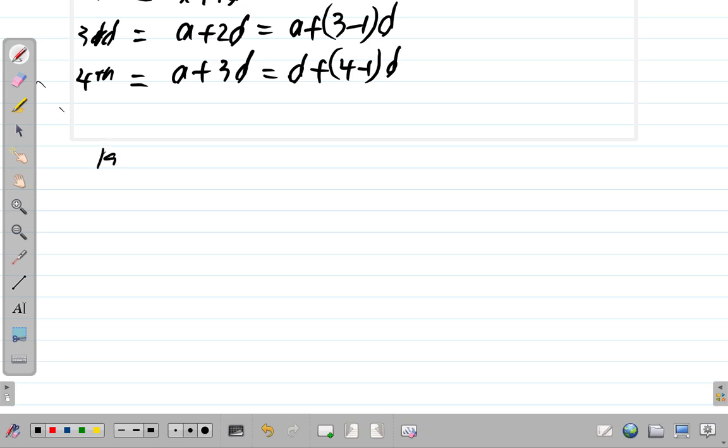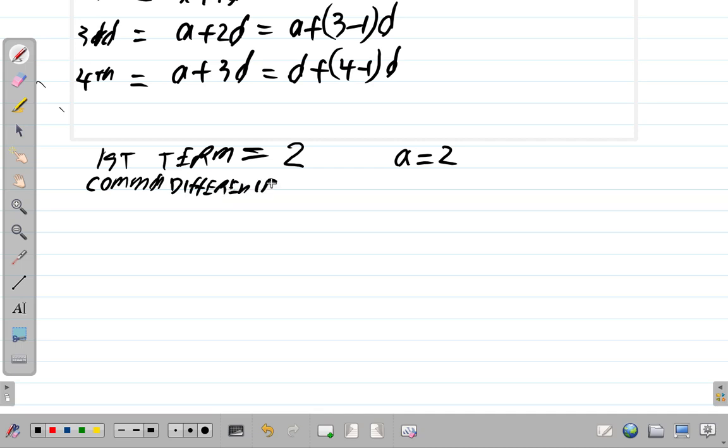We have the first term equal, so the first term is 2, alright, which means that a is equal to 2, and then the common difference is, let's say, 3. Alright?